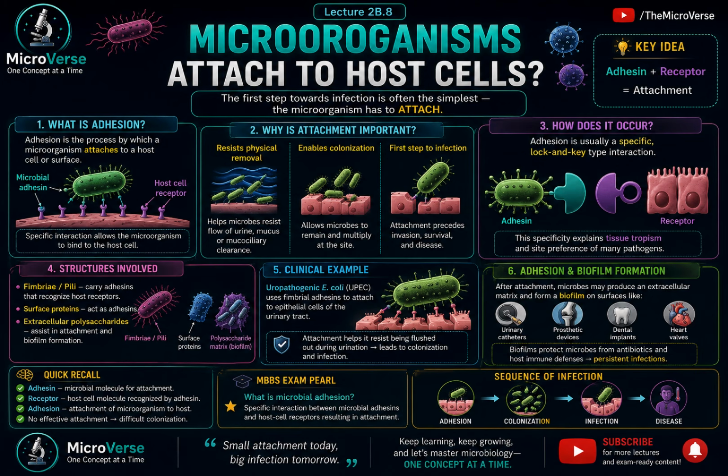So, why is attachment important? Imagine bacteria entering the urinary tract. If they cannot attach effectively to the epithelial surface, they may simply be removed by the continuous flow of urine. Similarly, microorganisms entering the respiratory tract encounter mucociliary clearance, which can physically remove them from the airway.